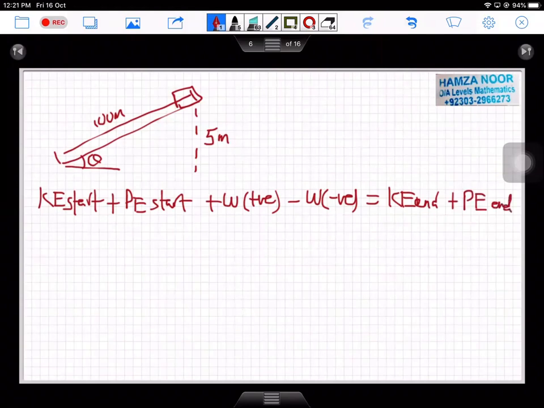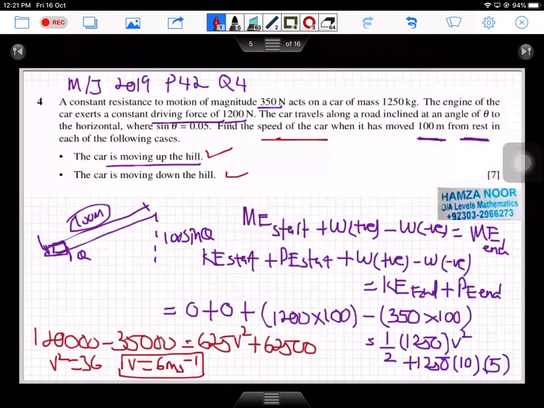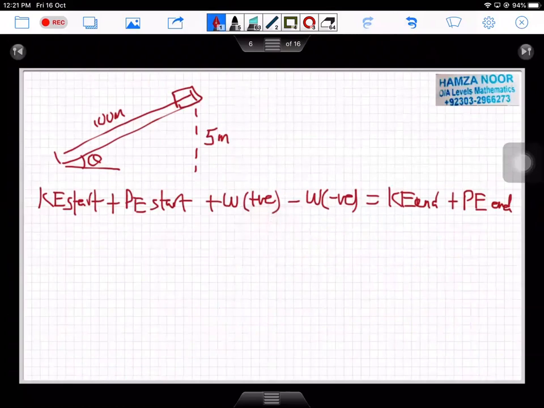All right, so kinetic energy at start, since in both of the cases the car is starting from rest, the initial speed is 0, so kinetic energy at start is 0.